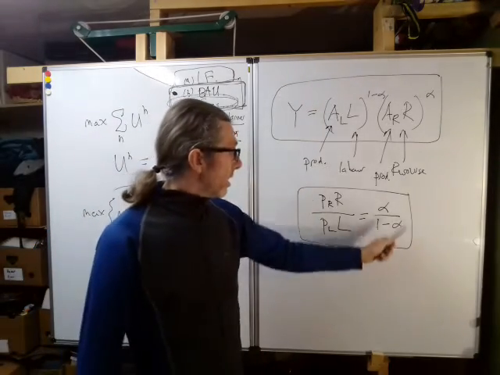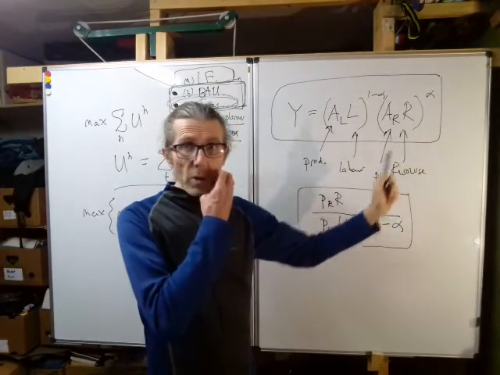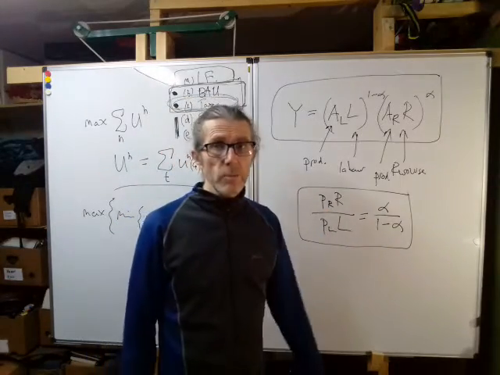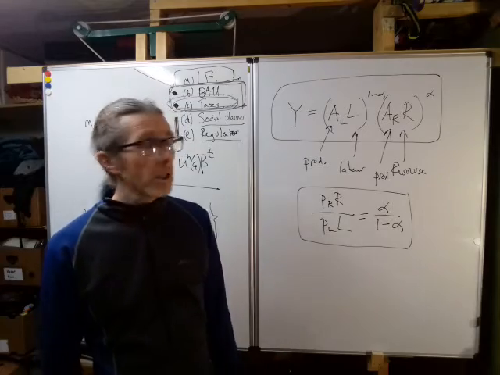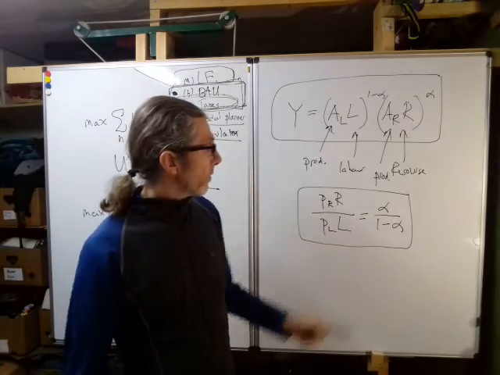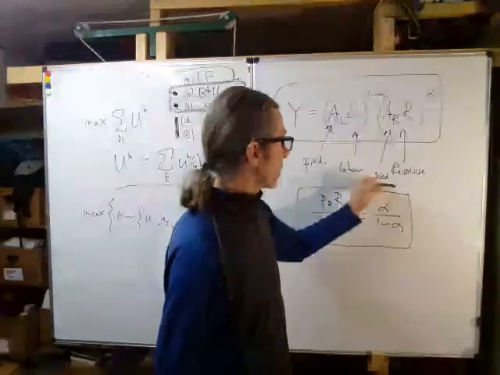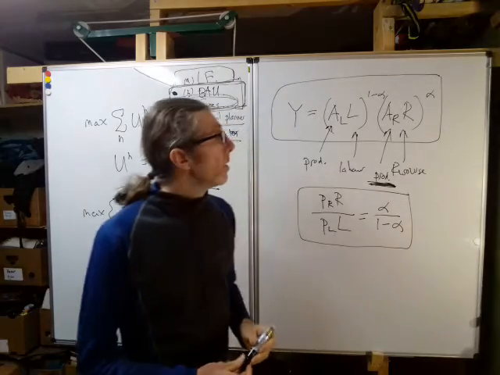Does that mean that we should accept this production function as true because the data fits this prediction? No. If we did accept this production function as true, that would also imply that raising resource productivity, AR, is a waste of time.